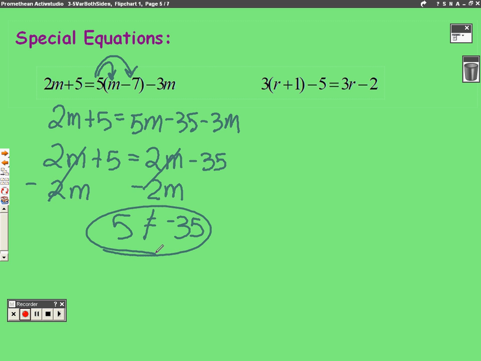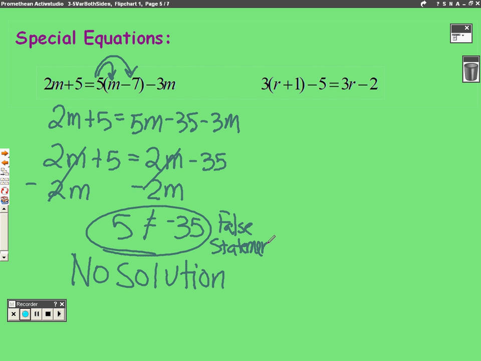Therefore, this special equation ends up with no solution, okay? Anytime you have a false statement, when you're solving equations, there's no possible solution for that equation, okay?